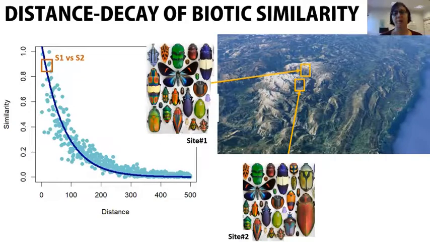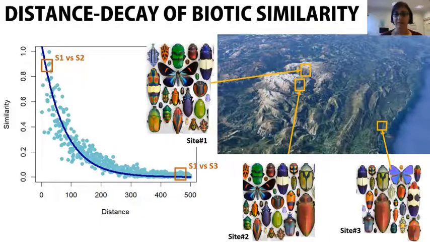So for those of you who have not studied this pattern before, I will explain it briefly. What we mean with the distance decay of biotic similarity is that if we represent biological similarity against spatial distance, we will observe that it decays, like there is a trend, a decrease, because two localities that are close to each other will have more species in common than two localities that are farther apart, as we can see here in the case of locality S1 and S3.